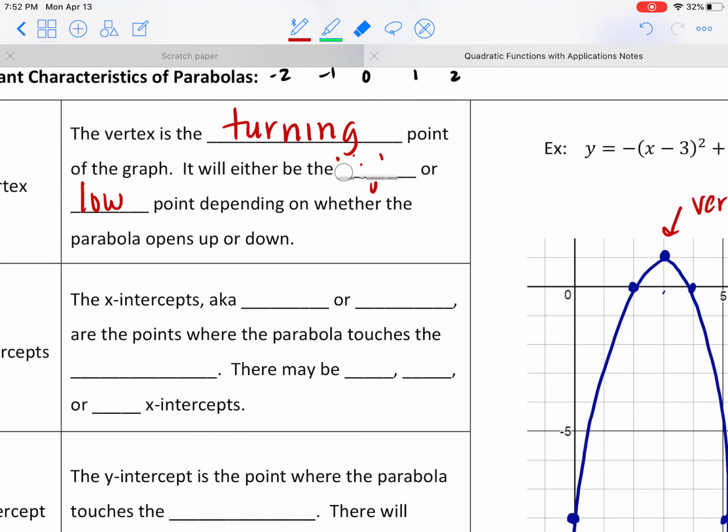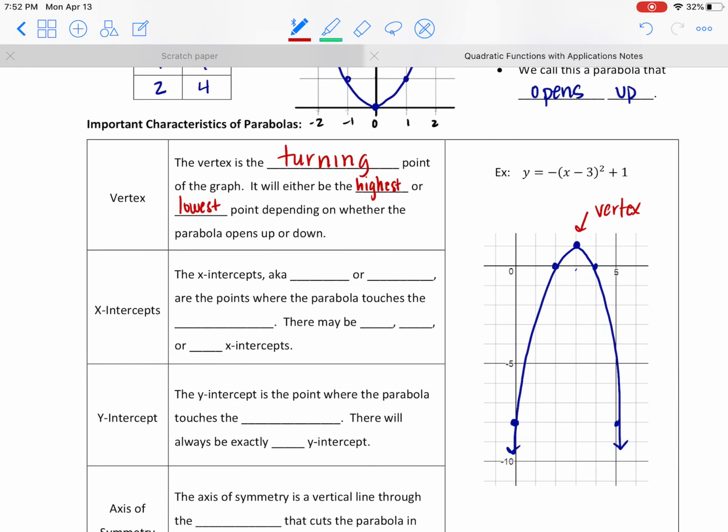Let's keep these consistent. Maybe I wanted highest or lowest. That would make more sense. It's either going to be the highest or lowest point on the graph, the top or the bottom, depending on whether your parabola opens up or opens down. If it opens up, your vertex will be the lowest. If it opens down, it's the highest.